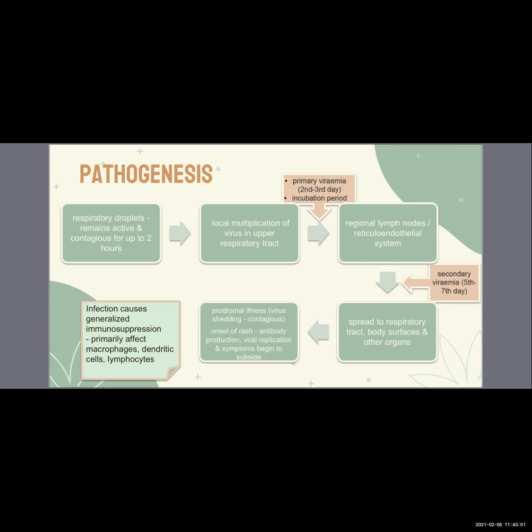In general, this infection causes generalized immunosuppression in patients, because it primarily affects macrophages, dendritic cells, and lymphocytes. This is why people who are immunodeficient can get a more severe condition.